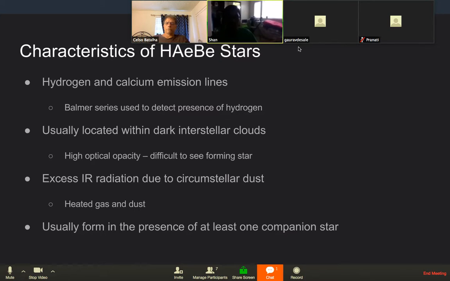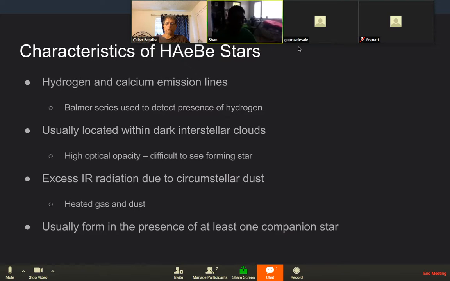Usually, when these heavy stars form, they produce a lot of radiation, and that radiation impinges on the cloud and makes it more opaque to the visible light coming from the star, so we really can't see it in visible light. Also, because the radiation heats the gas and dust in these interstellar clouds, we see a lot of excess IR radiation from the circumstellar dust.